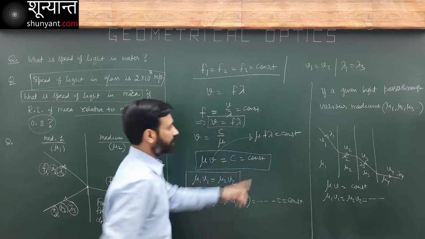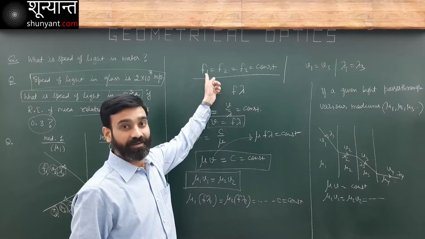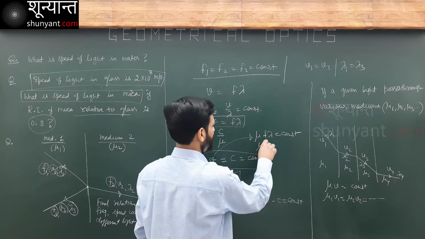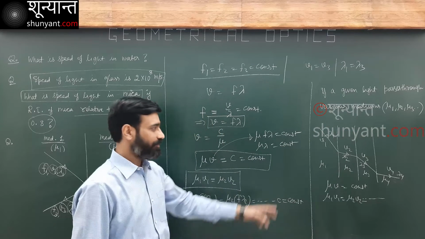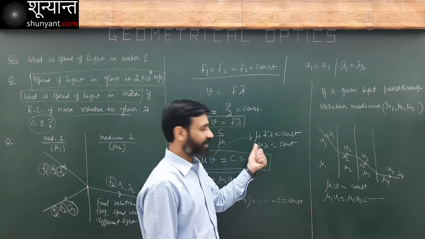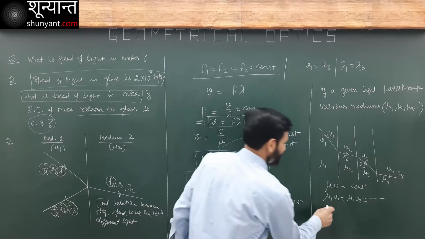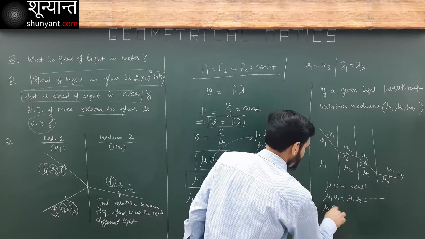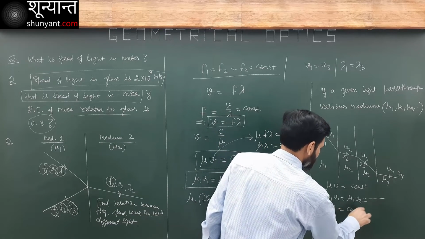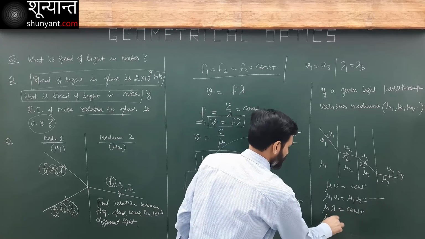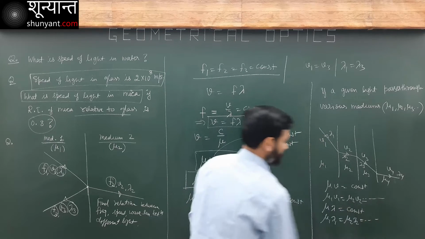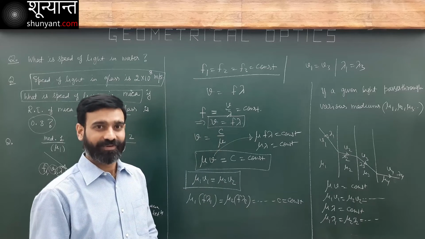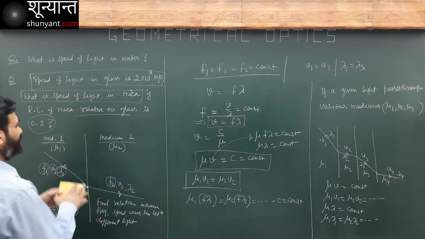F is already constant, it never changes. That means mu times lambda is also constant. So mu times v is constant, mu times lambda is also constant. So mu 1 lambda 1 is mu 2 lambda 2 is equal to that. Understood? Okay, good.